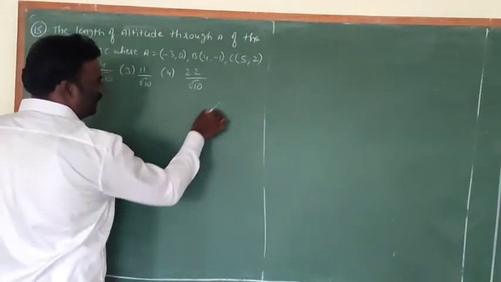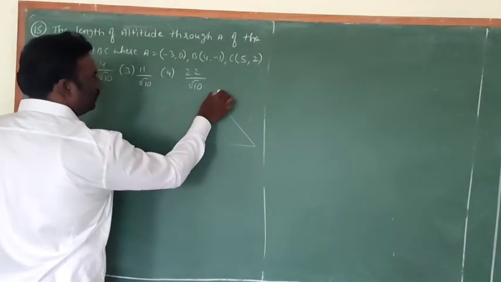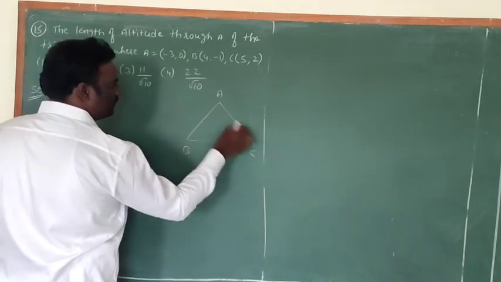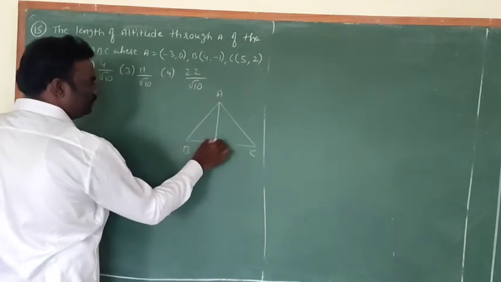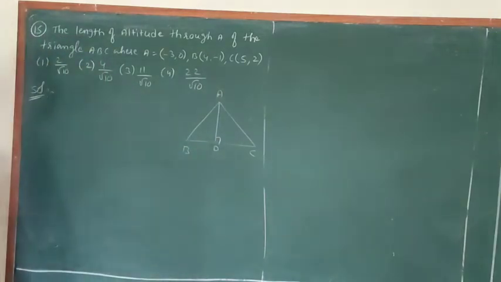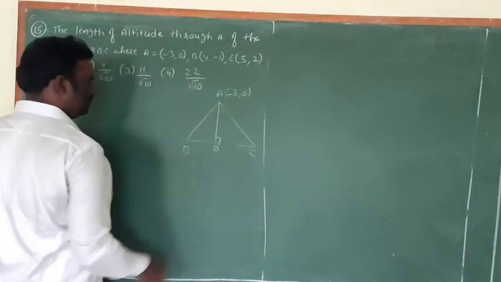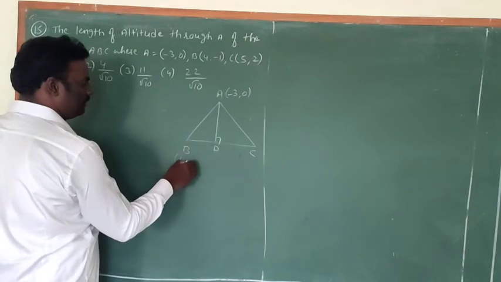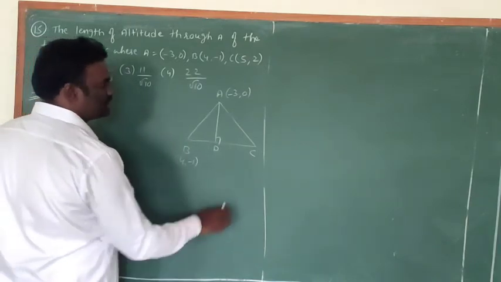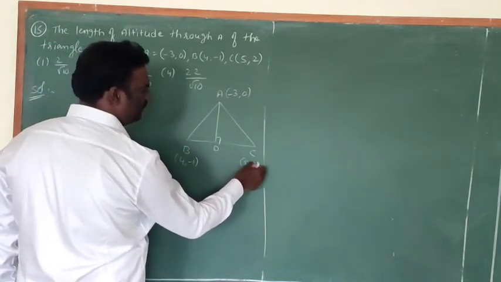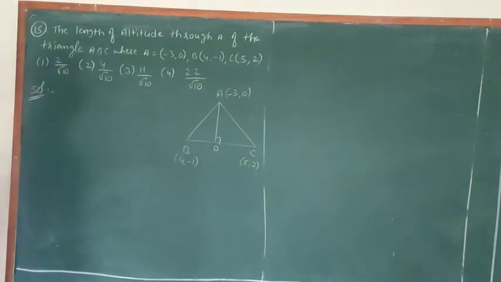First, we draw a triangle. This is ABC. This is called the length of altitude from A. A point we already know, -3, 0, B point 4, -1, C point 5, 2. Okay.